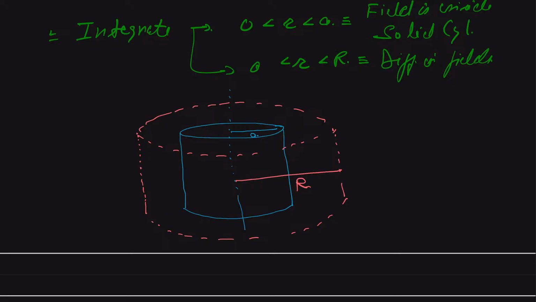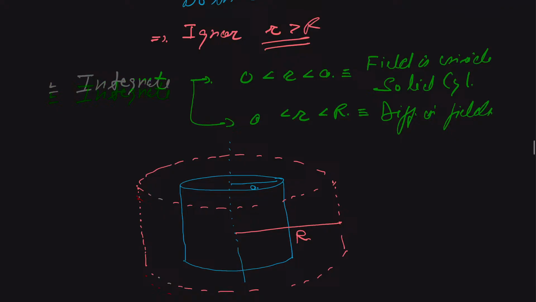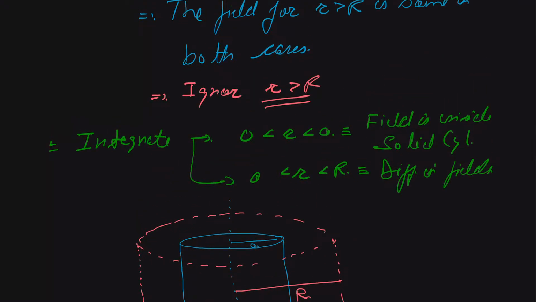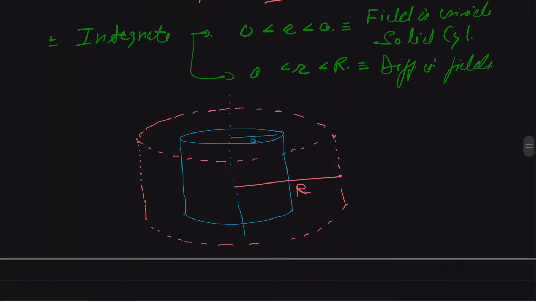And like I said, for r greater than capital R, any point lying somewhere here is at a distance r, but it is greater than capital R.